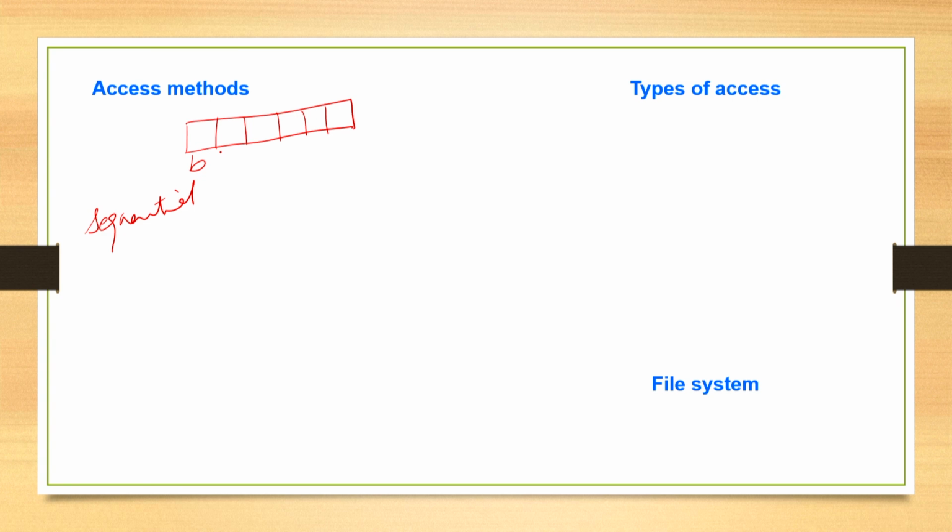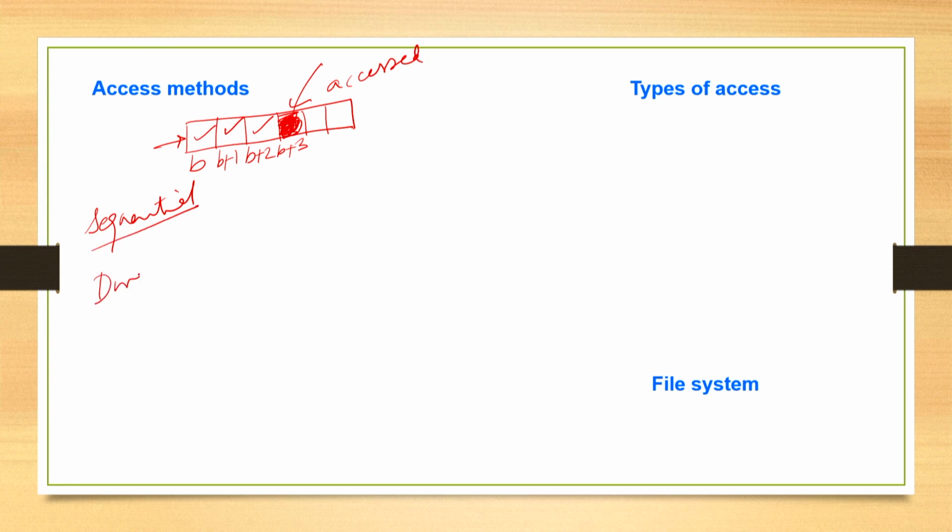If I start with B, then the next location is represented by B plus 1, then B plus 2, and then B plus 3. So if I want to access a data which is present over here, the pointer starts from here. First it will move to B, then to B plus 1, then B plus 2, and then it reaches over here and the data will be accessed. So this is the case of sequential access.